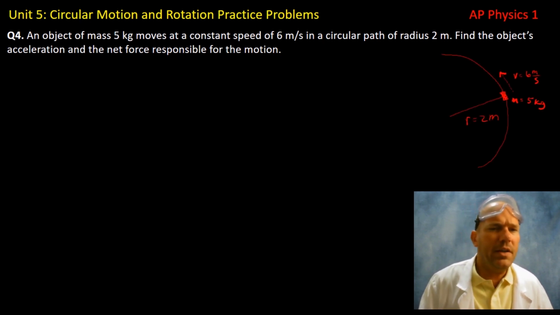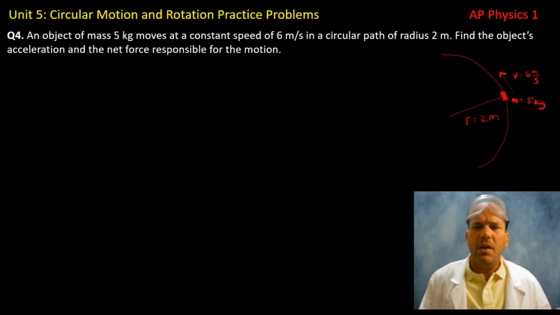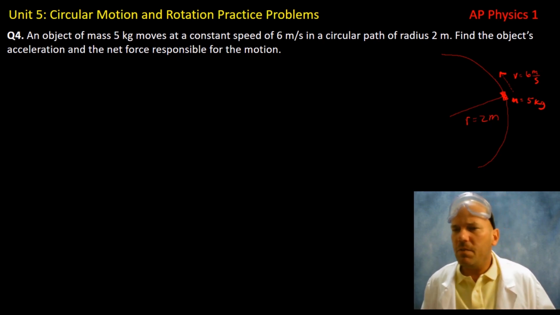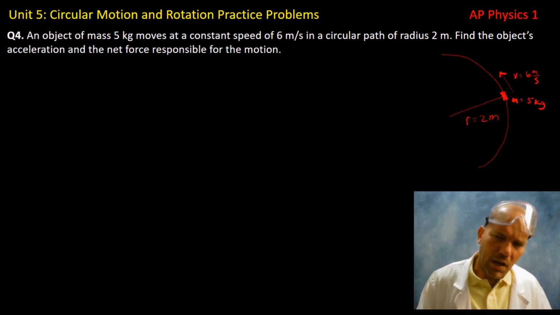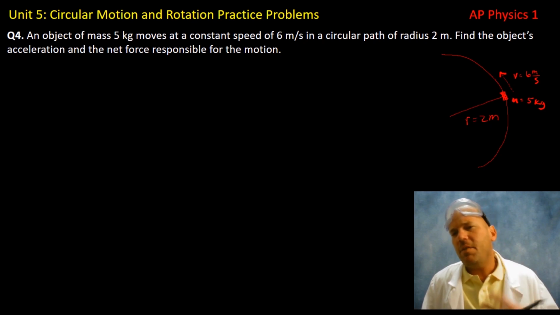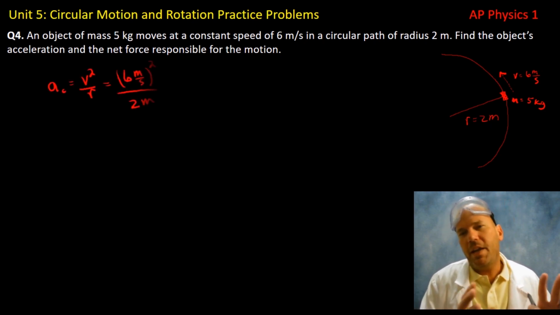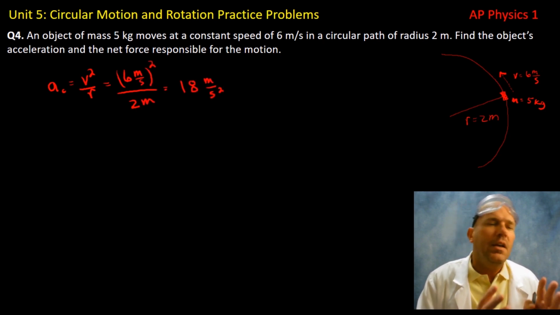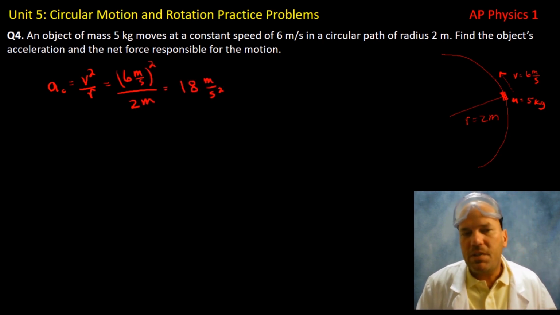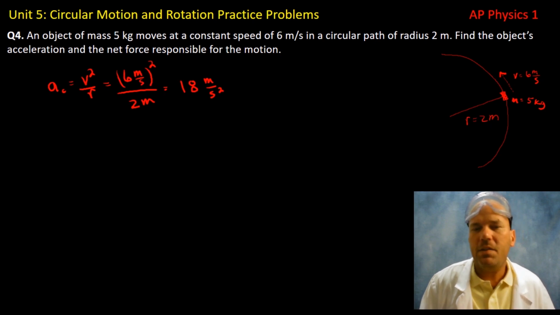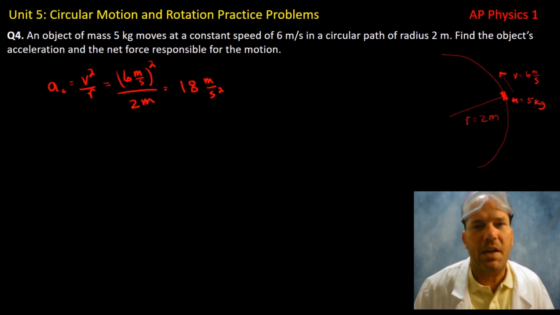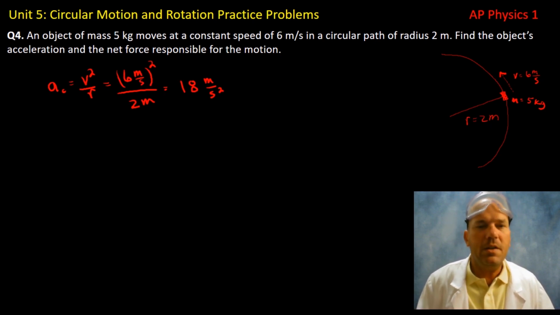So, drawing a schematic diagram here, we show our radius of curvature, our velocity at a given point, and the mass. If we first solve for the centripetal acceleration, again, that's velocity squared divided by radius. We have velocity, we have a radius, so that is 18 meters per second squared inward.